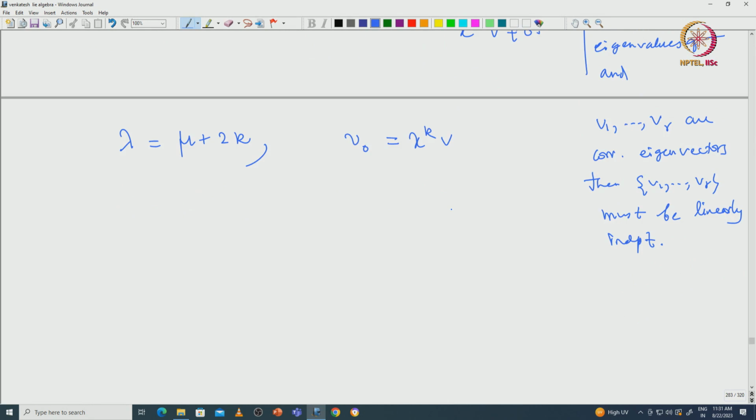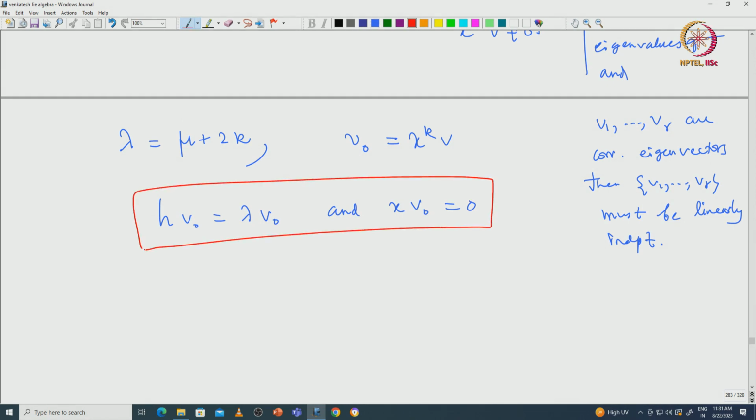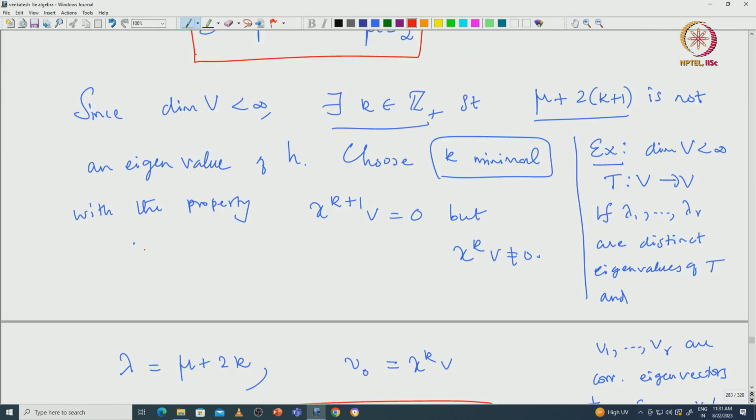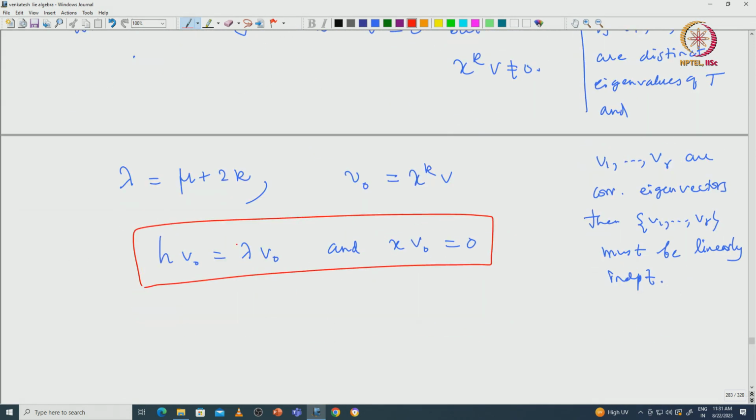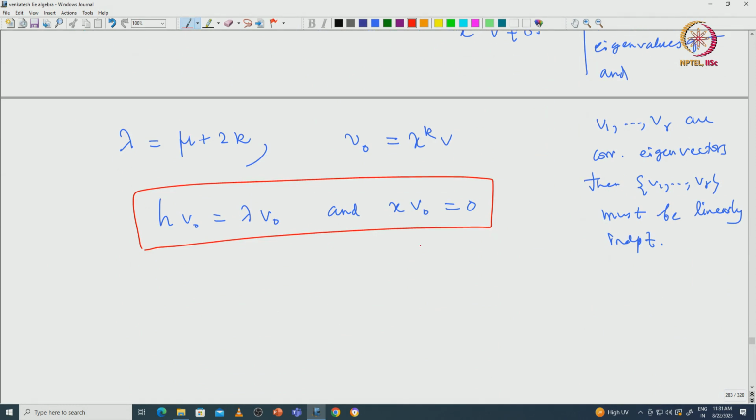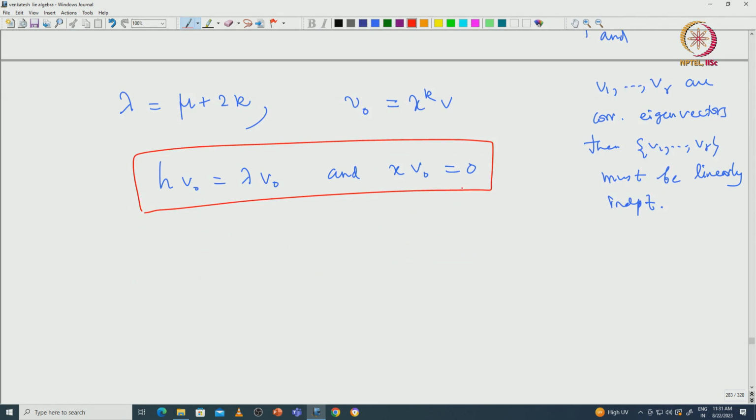Then it is easy to see that h acts on v naught as lambda v naught and x acts on v naught as 0. Okay. So, we replaced this v by v naught, so that we got this additional property. This h is acting on v naught as lambda and x actually kills this v naught. So, this kind of element will be called a maximal vector of weight lambda.